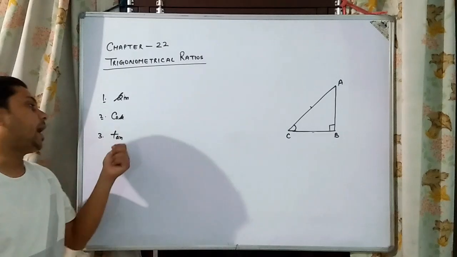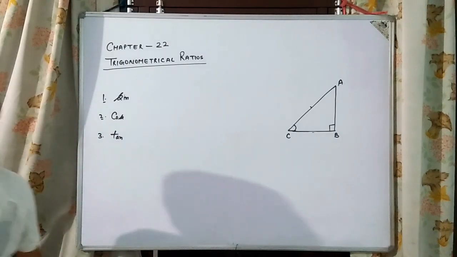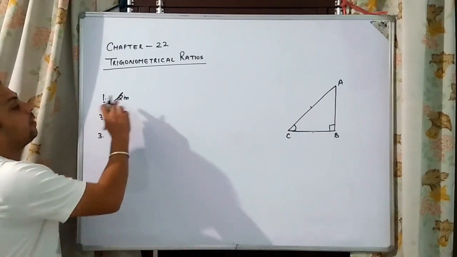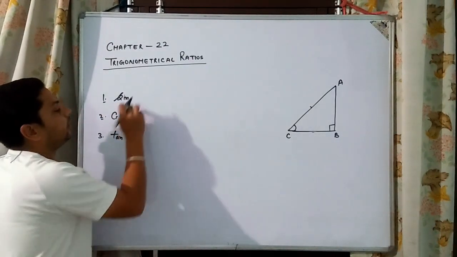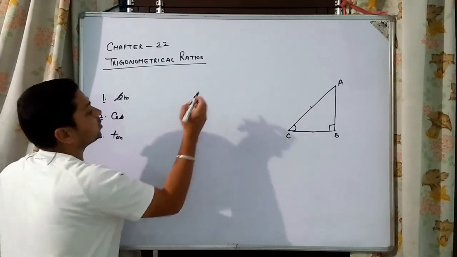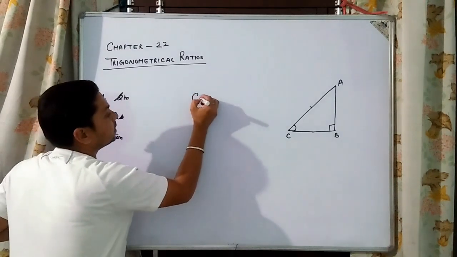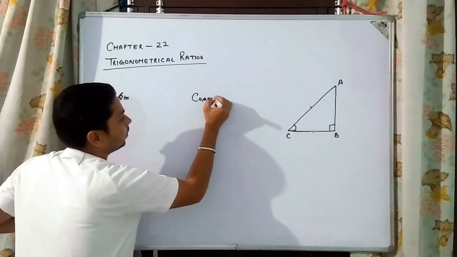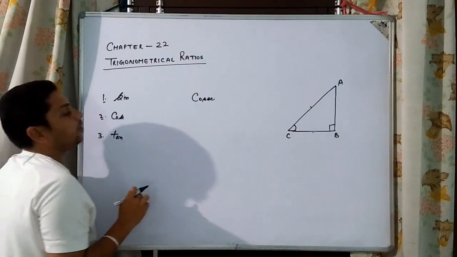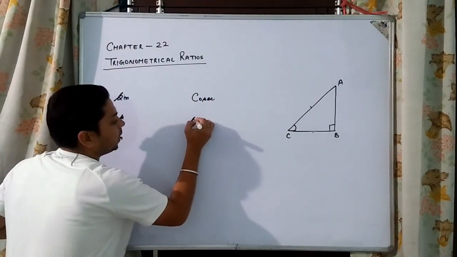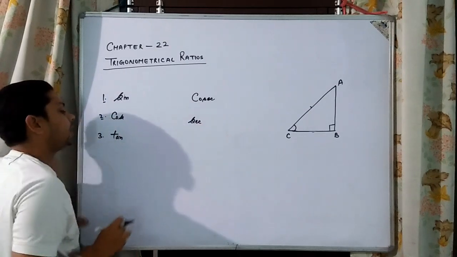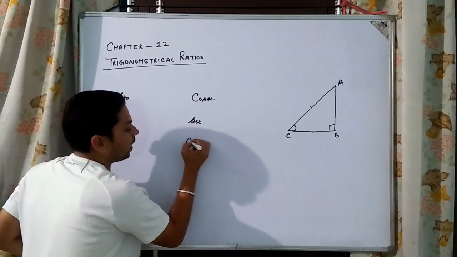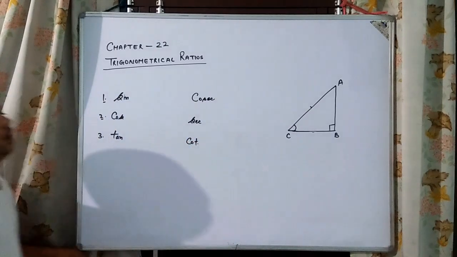Sine, cos and tan are the three basic trigonometrical ratios. Then we have the inverse of these three trigonometrical ratios. What is the inverse of sine? The inverse of sine is cosecant. Then what is the inverse of cos? The inverse of cos is secant. Then what is the inverse of tan? The inverse of tan is cot here.